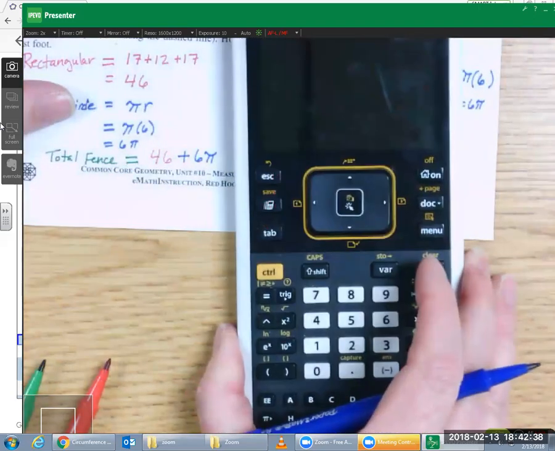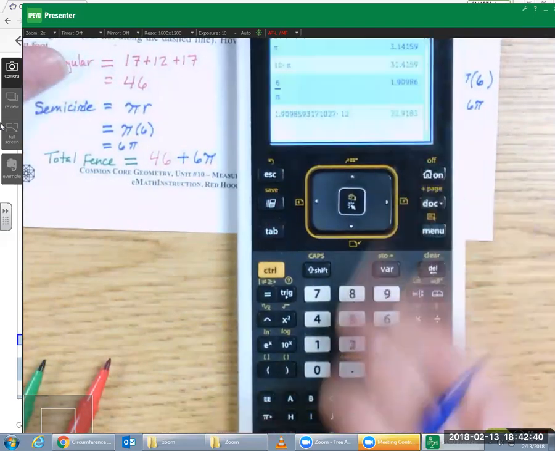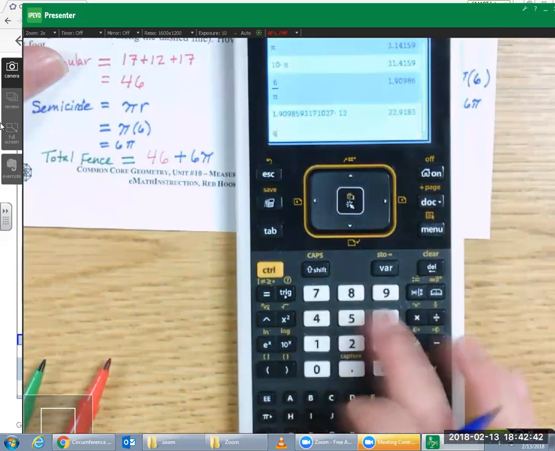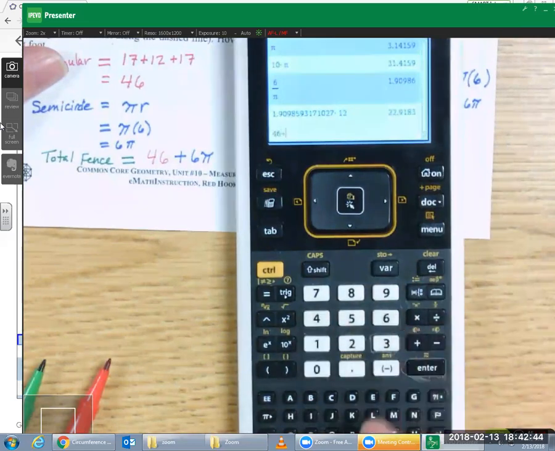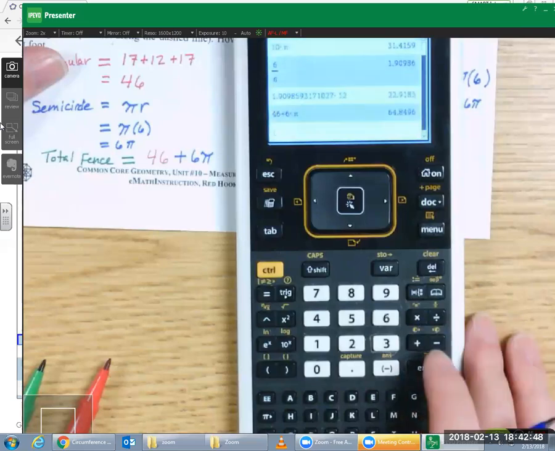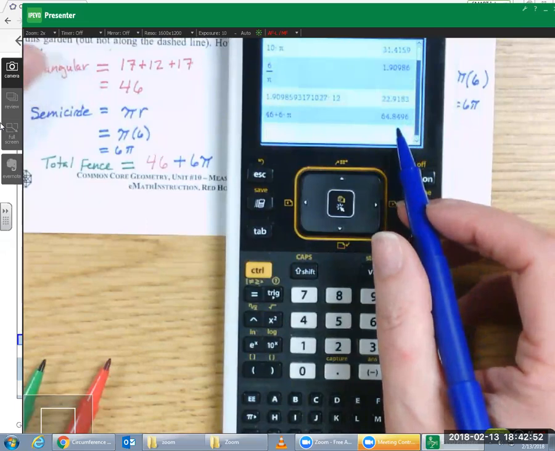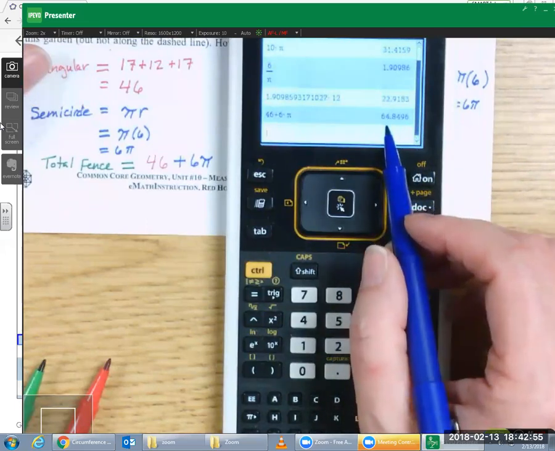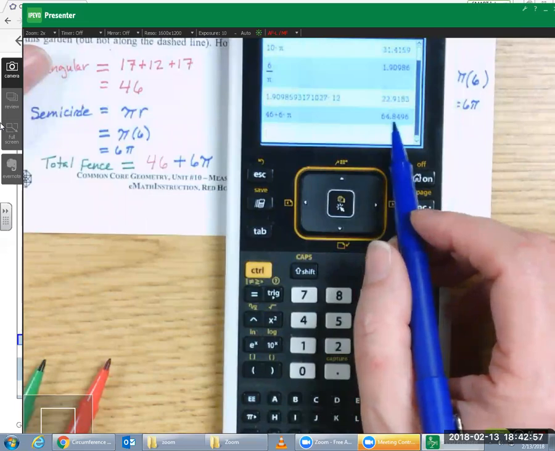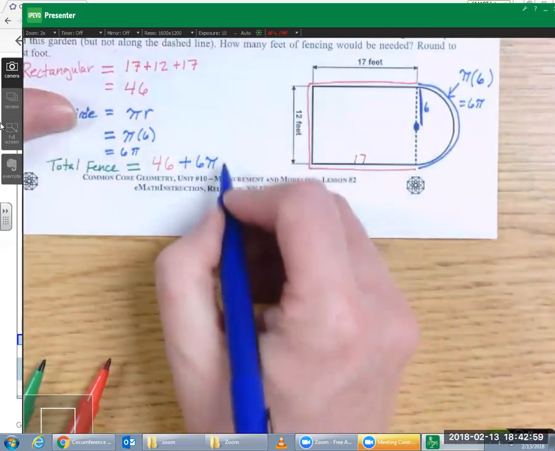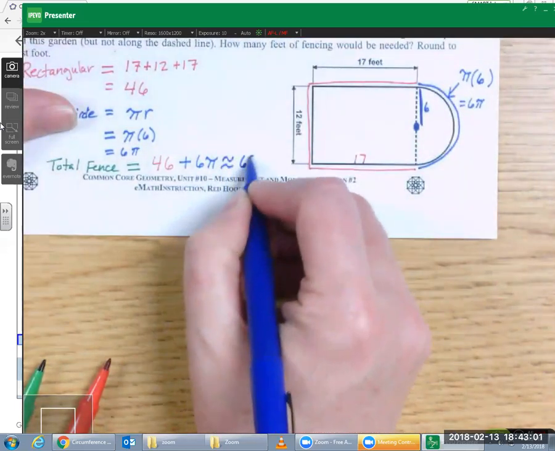So let's get a final answer on this. Alrighty, so 46, and then adding into that 6 pi. We got 64.8. They said to round to the nearest foot. So let's make that 64, bump that up to a 65 since that's 0.8. And let's say it's approximately 65 feet.